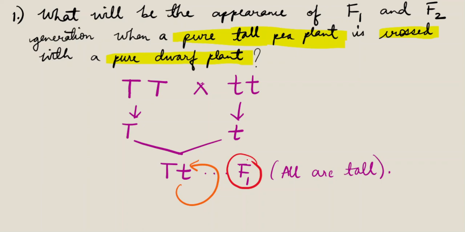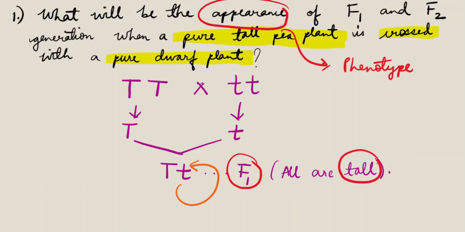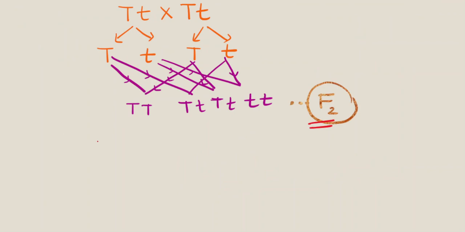the appearance of F1, F2. Appearance means they are asking phenotype. So I told you that all F1 will be tall, and for F2 there are possibilities of 3 being tall and 1 being dwarf.